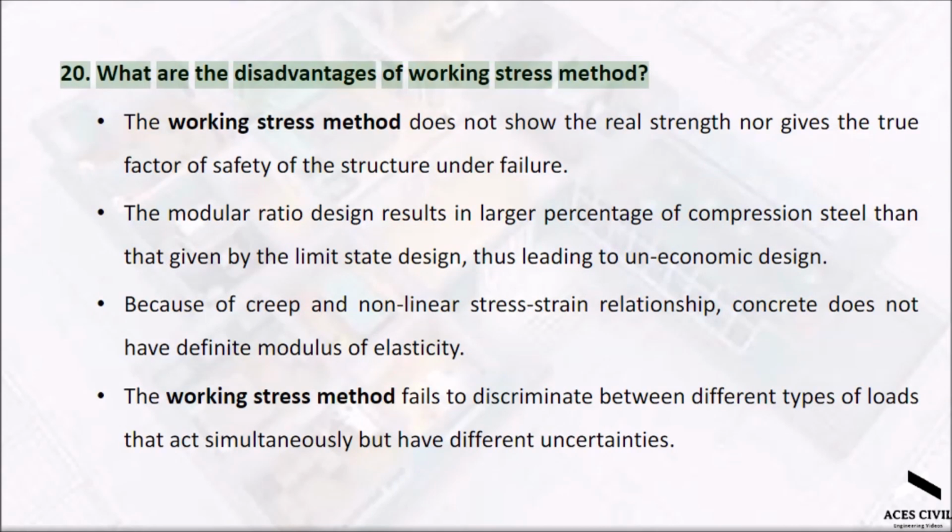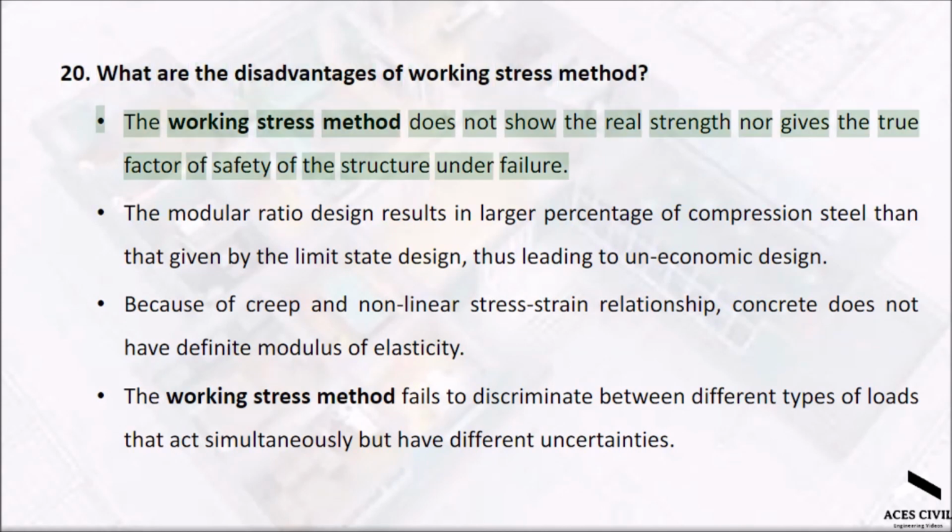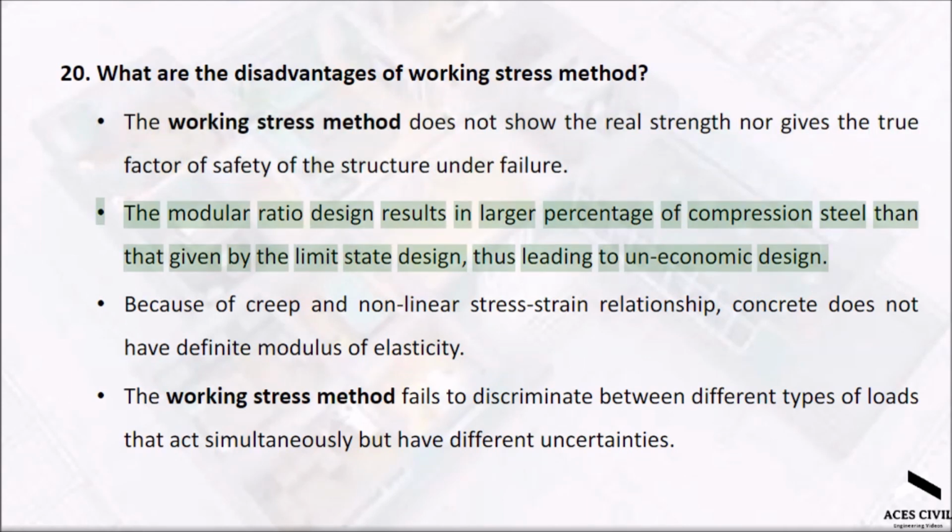What are the disadvantages of working stress method? The working stress method does not show the real strength nor give the true factor of safety of the structure under failure. The modular ratio design results in larger percentage of compression steel than that given by the limit state design, thus leading to uneconomic design.